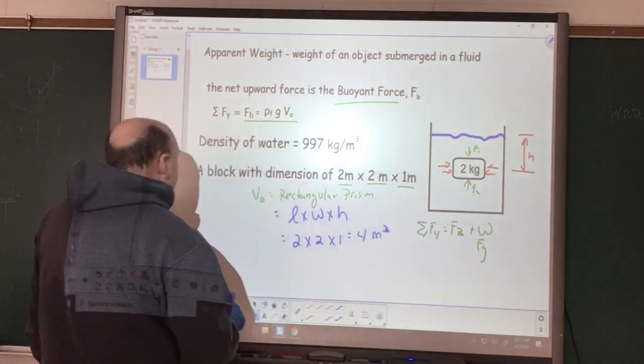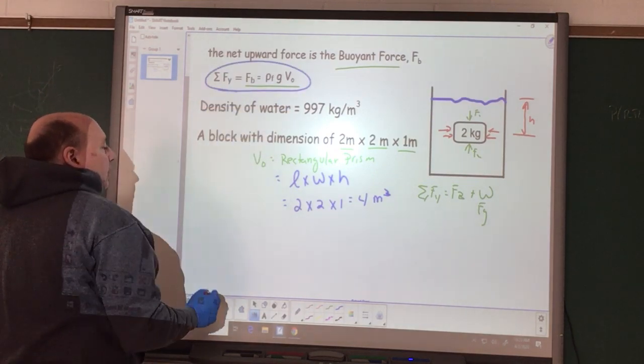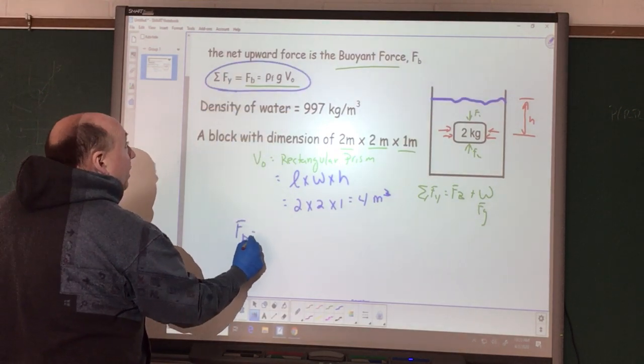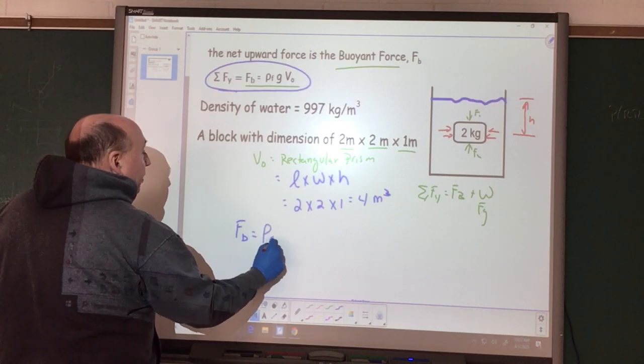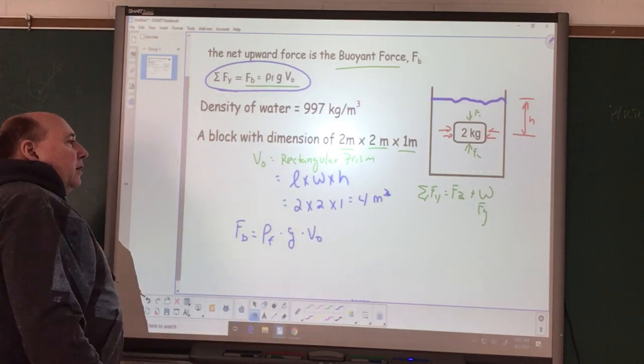So if I take a look at my buoyant force, it is equal to the density of the fluid times gravity times the volume of the object.